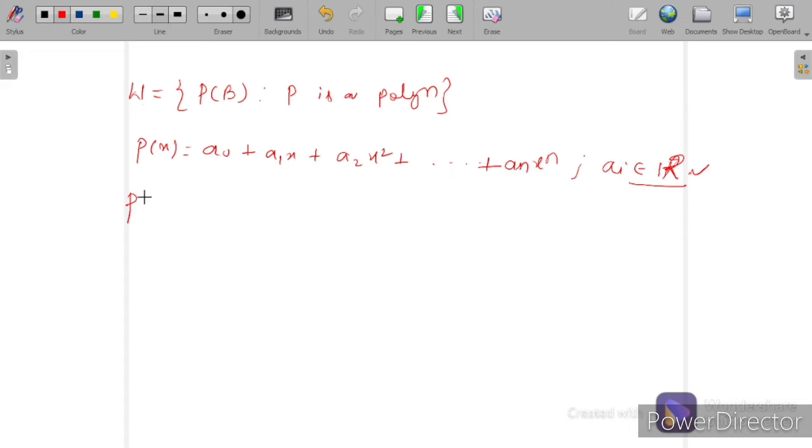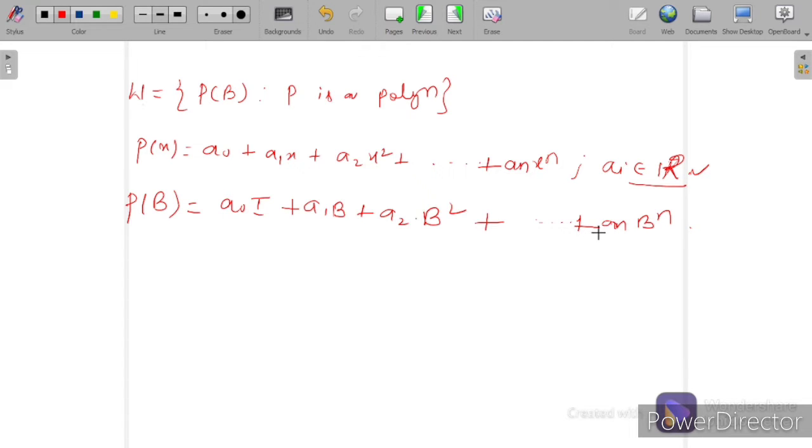Now P of B will be equal to a0 into identity matrix plus a1 into B plus a2 into B square plus and so on, an B to the power n.